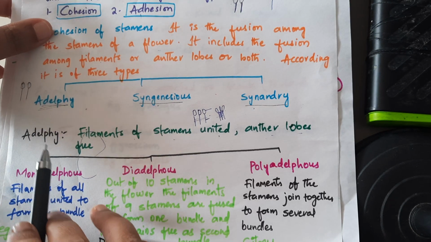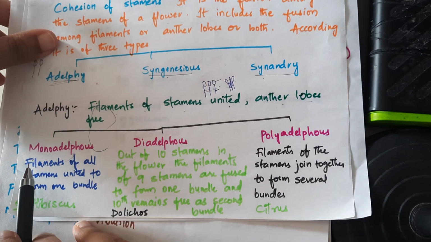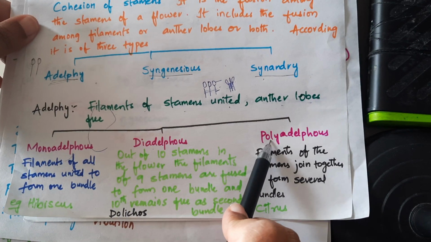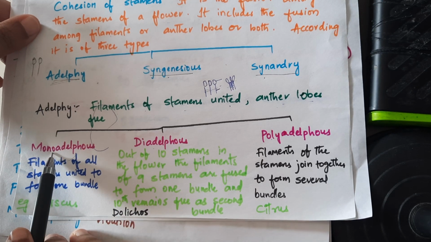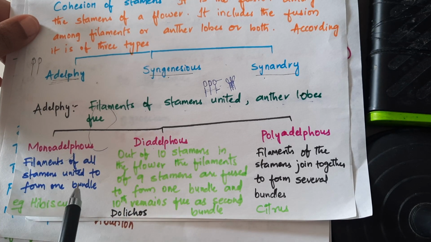Further, this Adelphi is subdivided into three types: monoadelphous, diadelphous and polyadelphous. What is monoadelphous? Filaments of all stamens are united to form one bundle.